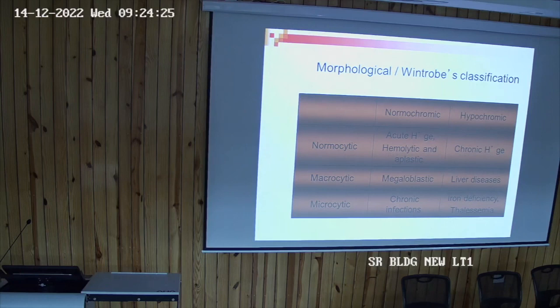Now on the basis of this, this is normocytic and normochromic. In what scenarios? If the patient comes and in the history or the peripheral blood study we come to know that the cells are typically normocytic and normochromic. In a problem-based question it is written that the cells appear normocytic and normochromic.